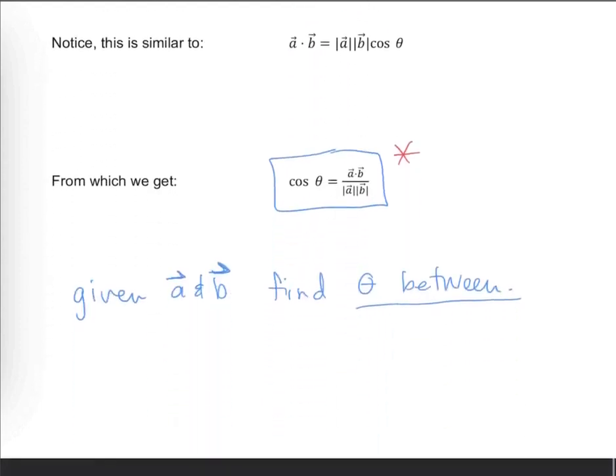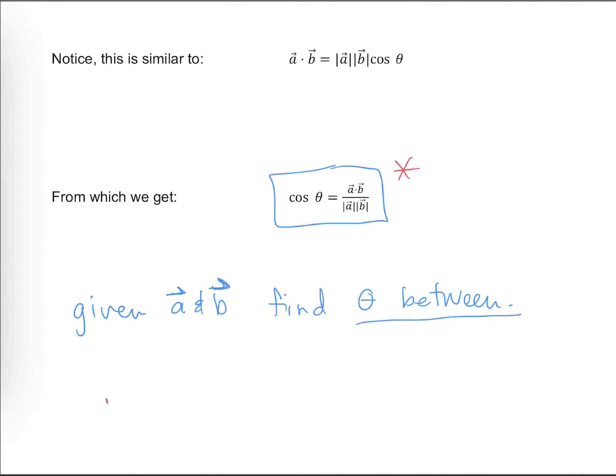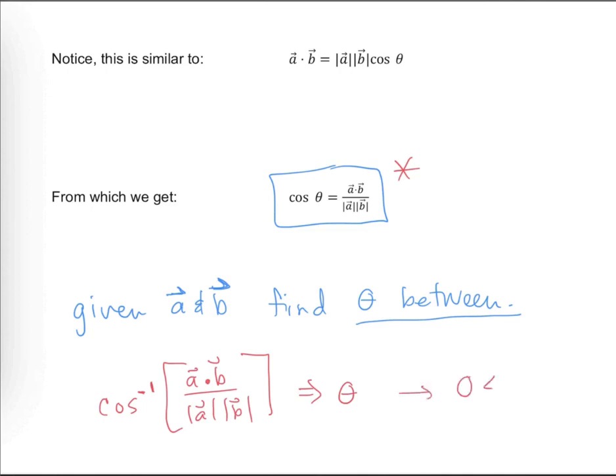That is because if we were to take the inverse cosine of this scalar quantity that we get when we take the dot product and divide by the two magnitudes, the inverse cosine is going to have an output that is an angle, and that angle has to be in between 0 and pi radians, and this is based on the range restrictions for the inverse cosine function.